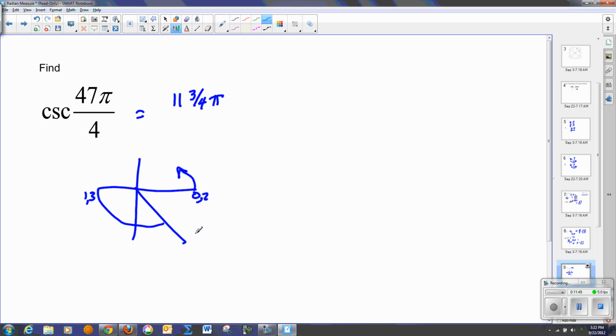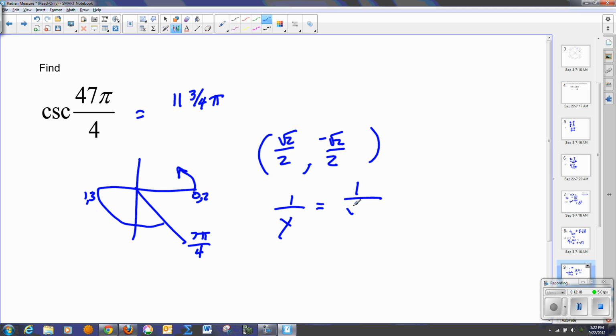Having the same reference angle as 7 pi over 4, my x and y values in that quadrant for 7 pi over 4 would be root 2 over 2 and negative root 2 over 2. And I'm asked to find the cosecant, which is 1 over my y value. My y value is negative root 2 over 2.